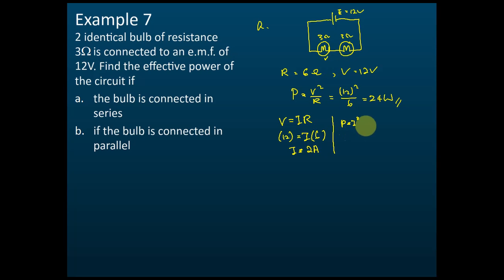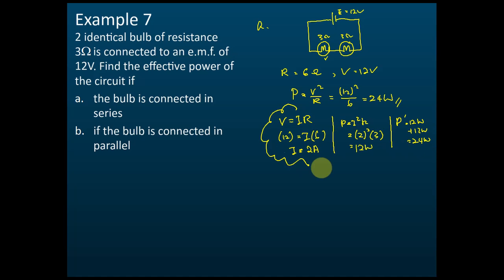P equals I squared R: I is 2 squared and R is 3 ohm, so this is 12 watt. Each bulb is 12 watt. So the effective power P prime is 12 watt plus 12 watt, equal to 24 watt.